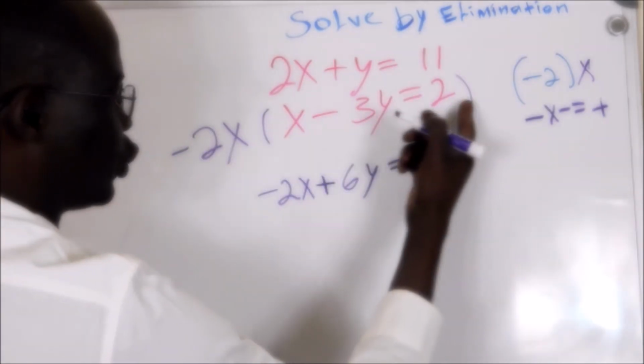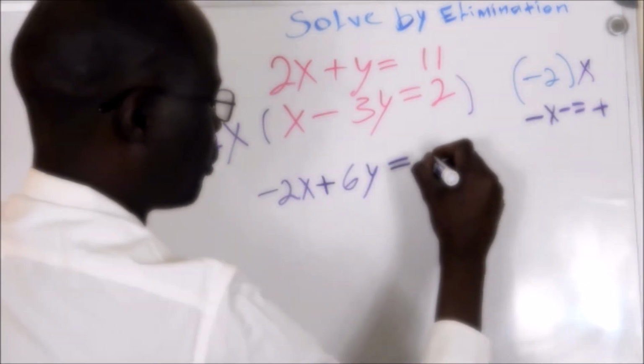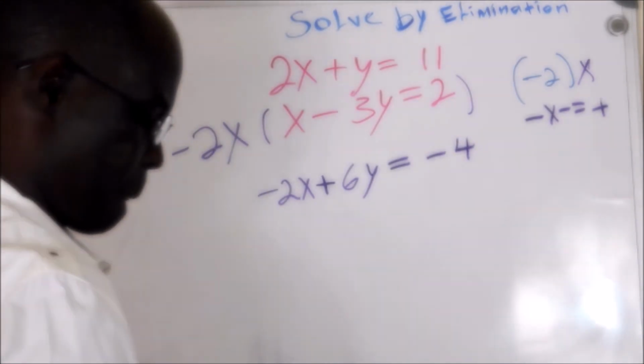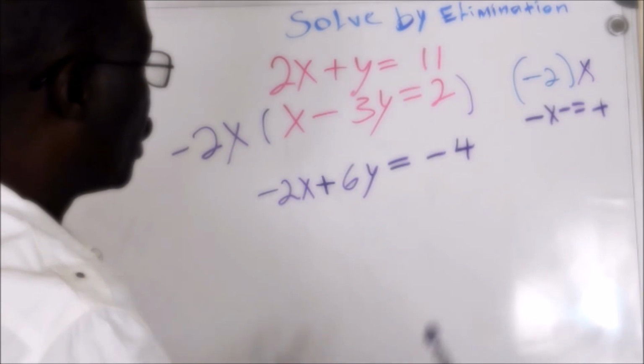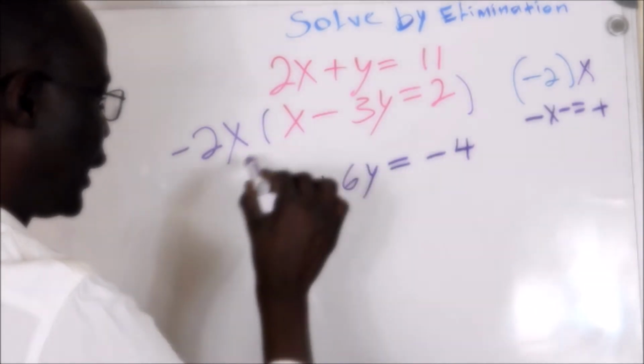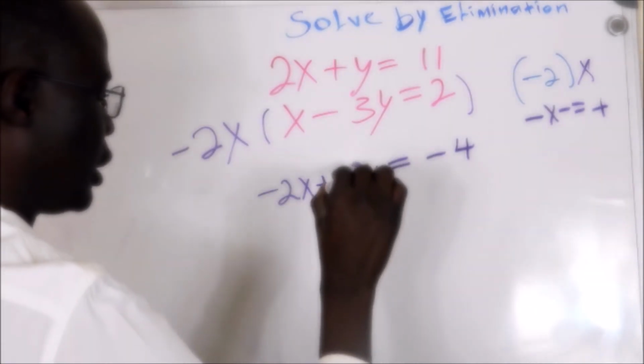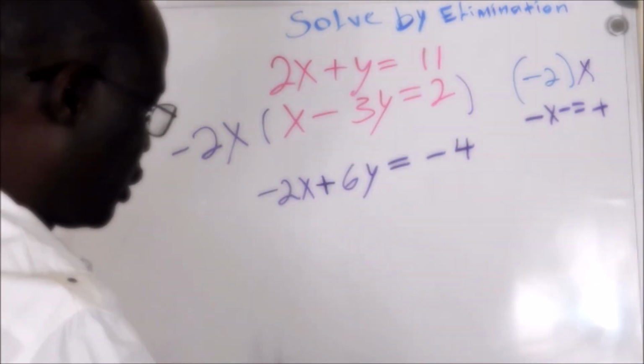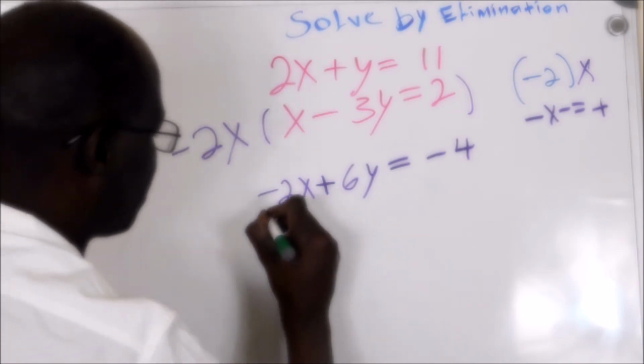And -2 times 2 equals -4. Because the goal is to eliminate one of these variables, it can be y or x.